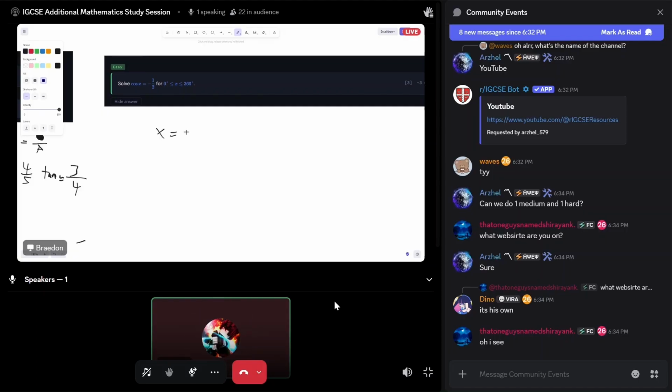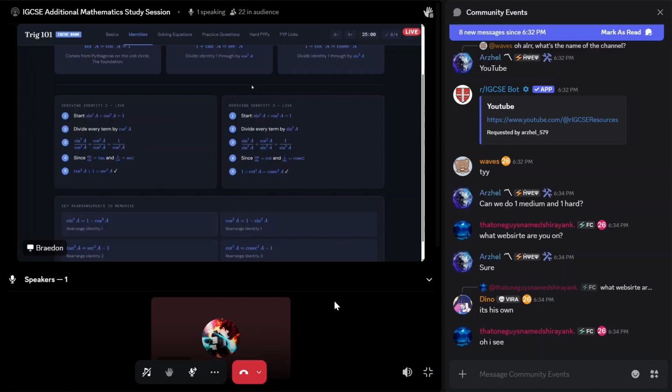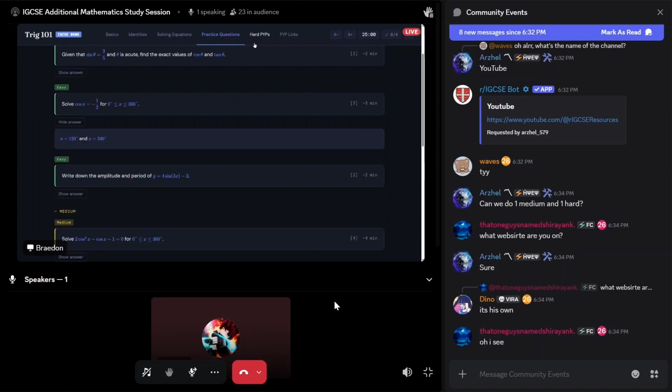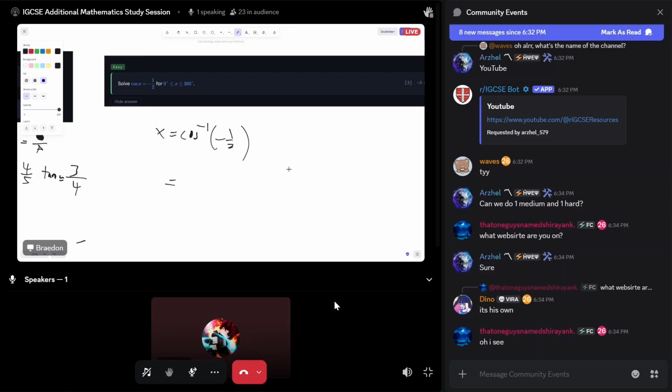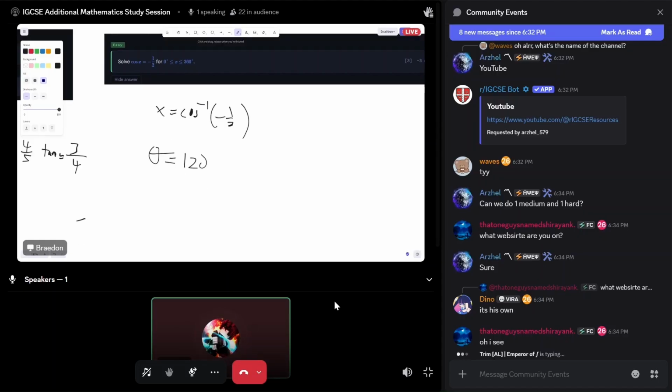So x equals cos inverse of -1/2. I'm not sure what this is. Let me pull out my calculator. Cos inverse of -1/2. So the principal angle is 120. So you can see the answer is negative here.